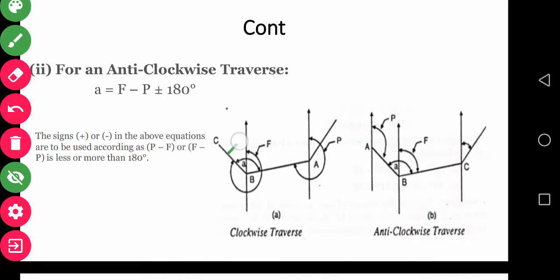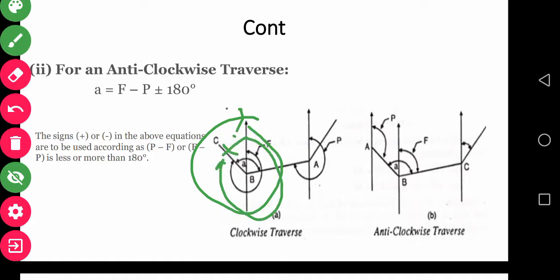Now this part of the angle is remaining, because to find this complete angle A, we have separated it into A1 and A2. A1 we know is P minus 180 degrees, but now we need A2. To calculate A2, as I know this is a complete circle, so this is 360 degrees, and this is F. So I will just subtract: 360 minus F. This will be the remaining part.